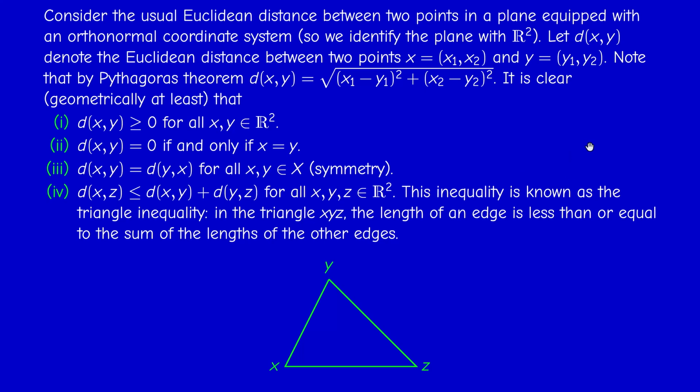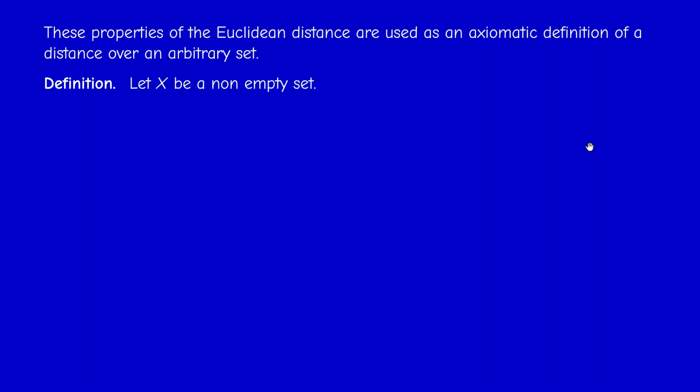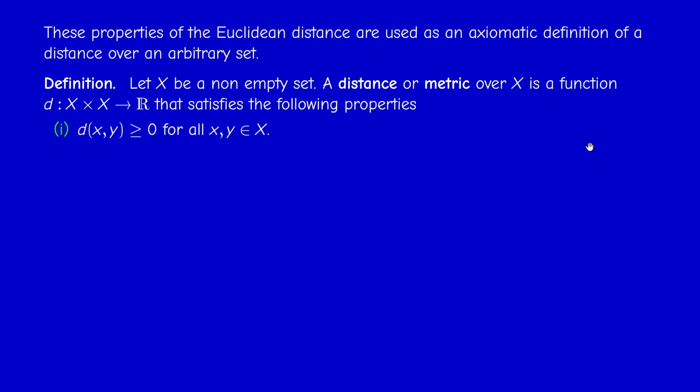Now these trivial properties of the Euclidean distance are taken as an axiomatic definition in order to go towards more generality. So in general, a distance on an arbitrary set X is a function of 2 variables, a function from the product X times X into R, that satisfies 4 properties.